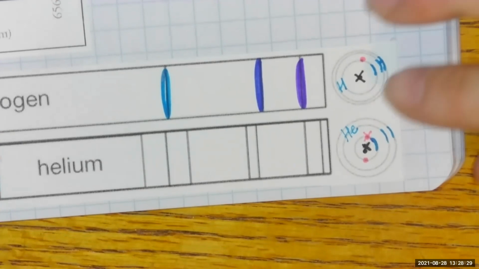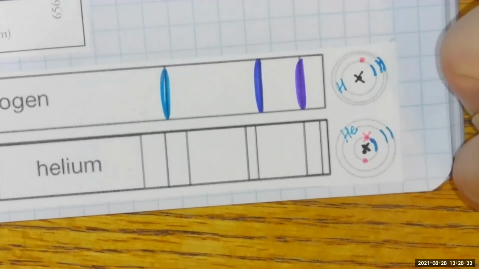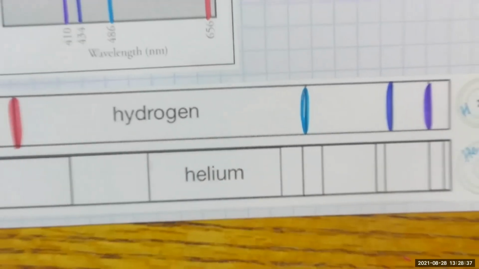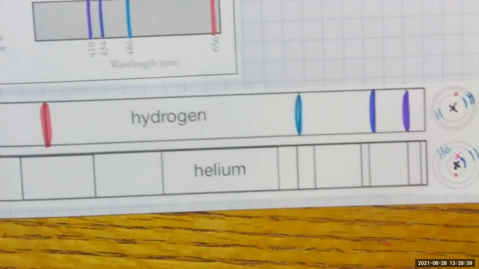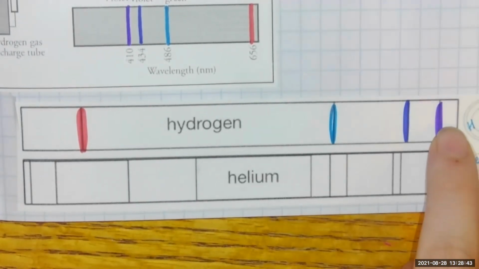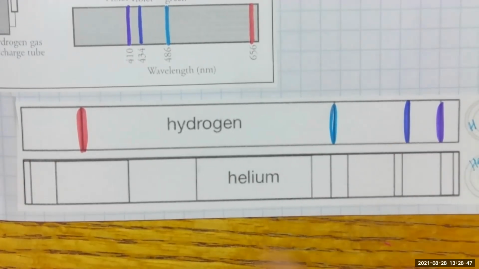So even though you could try and make these two as similar as possible, the fact that their rings are different is going to make different barcodes. So hydrogen has a barcode of 1, 2, 3, 4 that we can see: red, light blue, dark blue, purple.